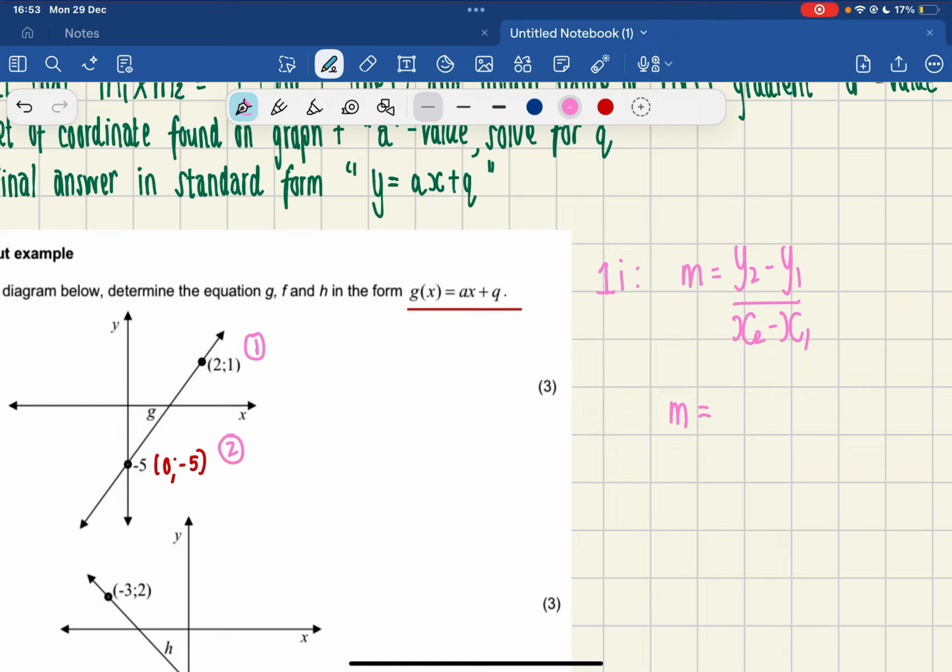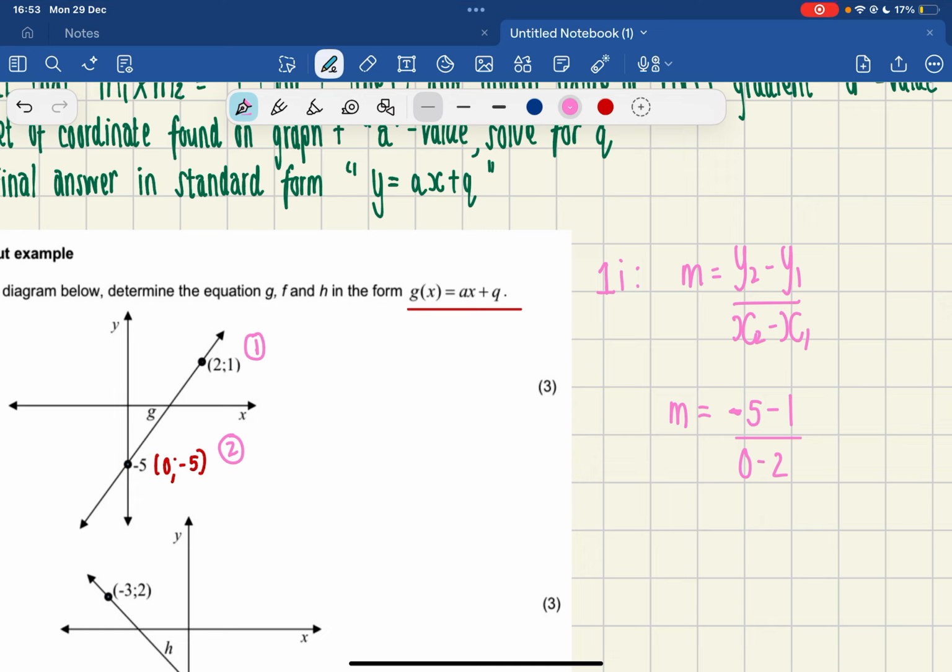So it's y2 minus y1, so it's -5 minus 1, all over 0 minus 2.